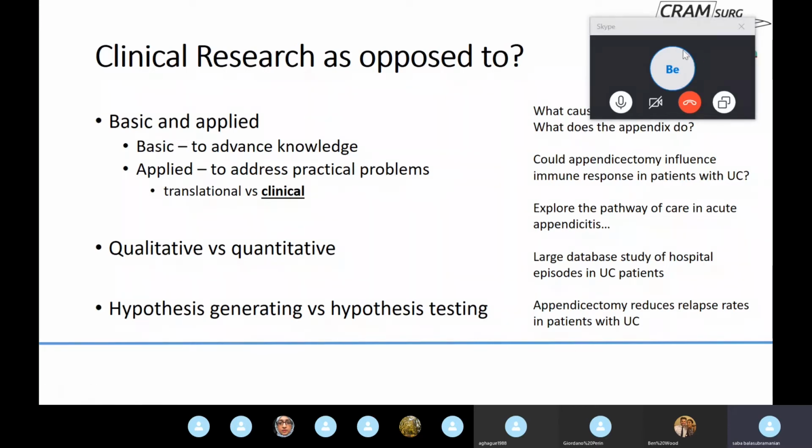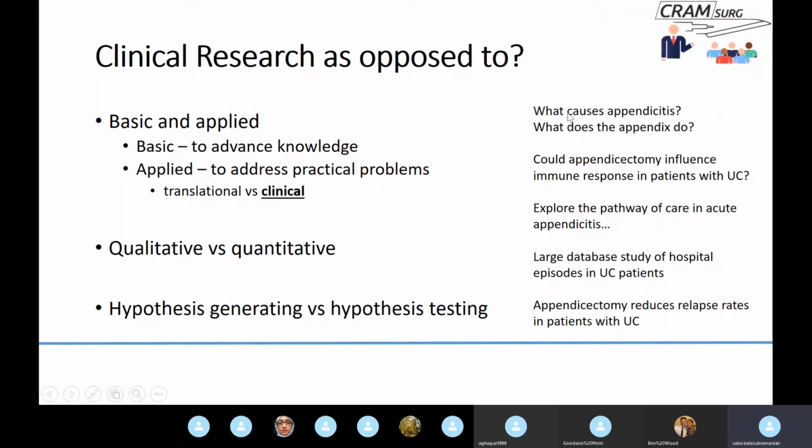So firstly, you have the question, what causes appendicitis, or what does the appendix do? That's a very broad, generic question, and that's the kind of question you would answer in basic research. Then you've got a question that says, could appendicectomy influence immune response in patients with ulcerative colitis? This is the kind of question that you could answer with translational research.